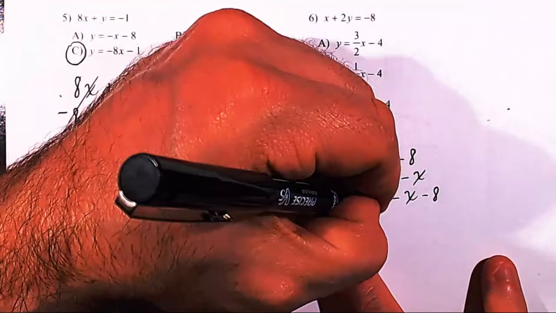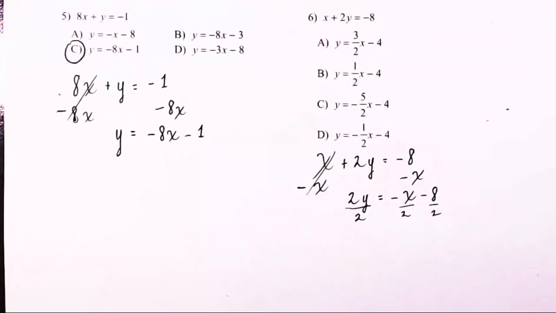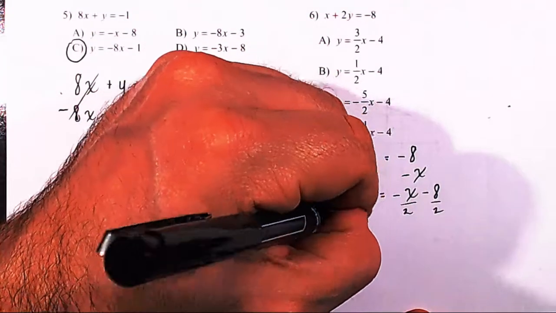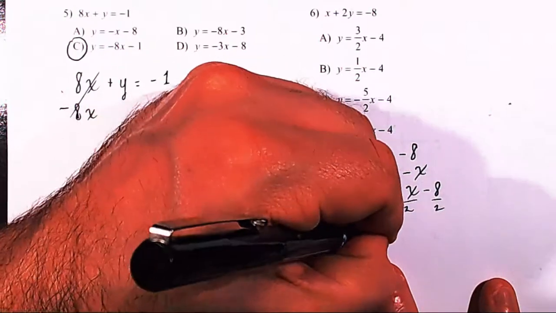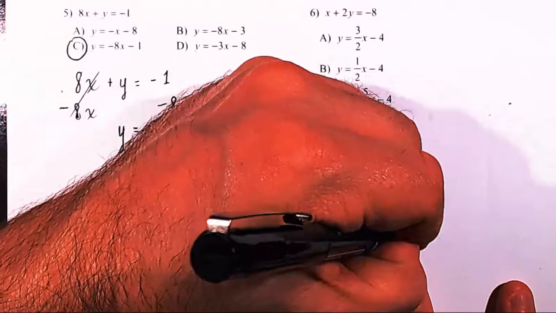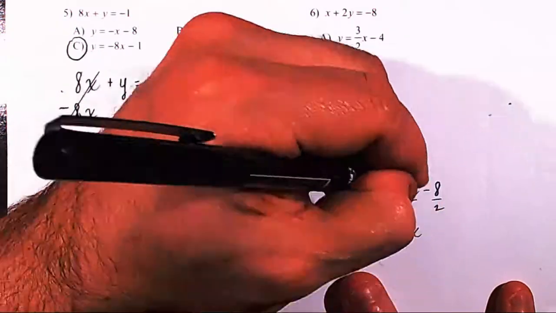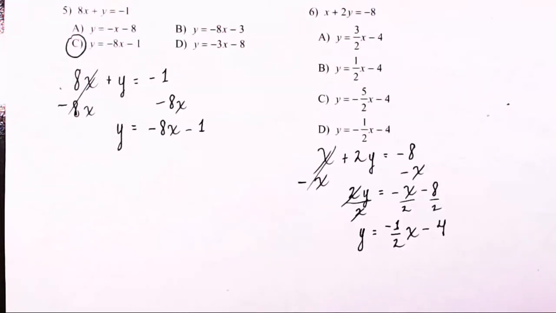Almost done. Divide everything, each term, by 2. On the left, the 2's cancel, leaving y by itself. Y equals negative 1 over 2x minus 8 divided by 2 is 4.